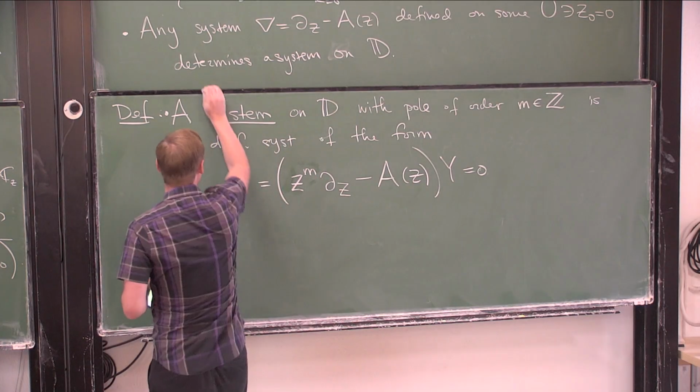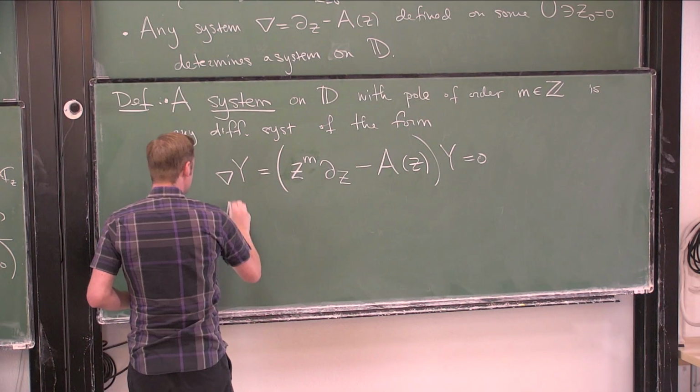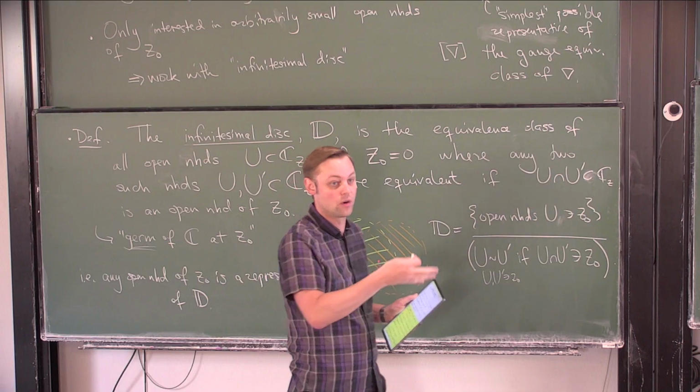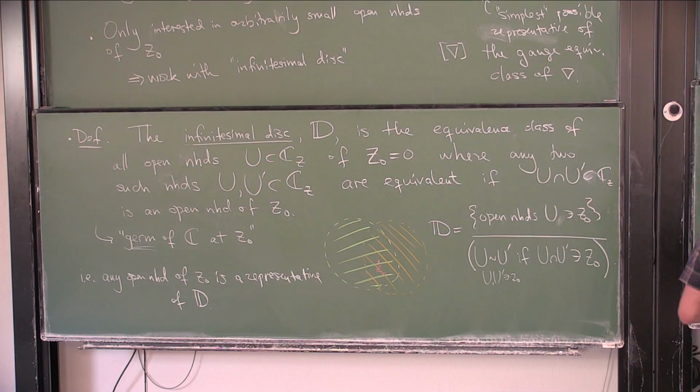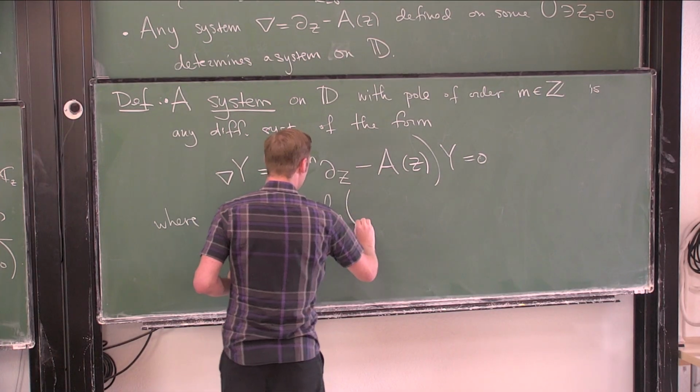So that's why I can write where A of z is now a matrix of holomorphic functions on the infinitesimal disk, or a matrix of convergent power series. So I'll write it maybe like this. It's a matrix in GLN.